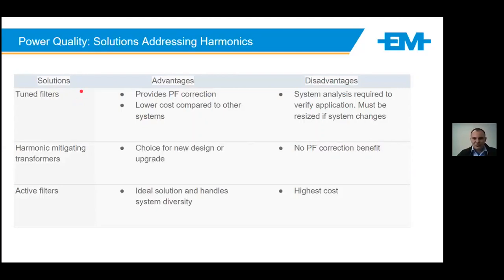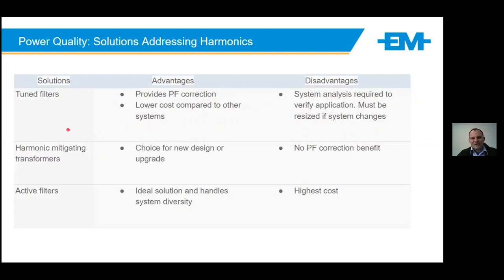You can have what we call tuned filters, specifically sized against the system. That would provide power factor correction to a point. They are cheaper. To size these, as with any harmonic application, you would need recordings from the site.